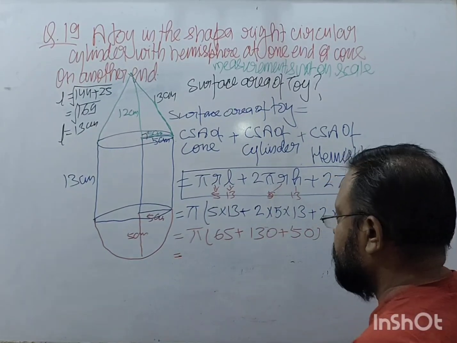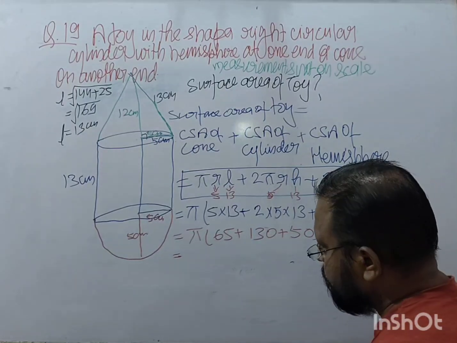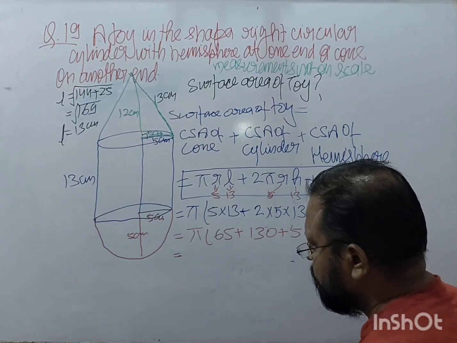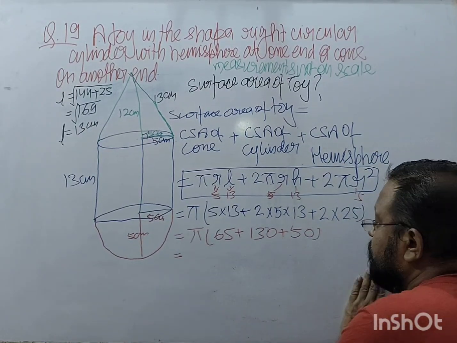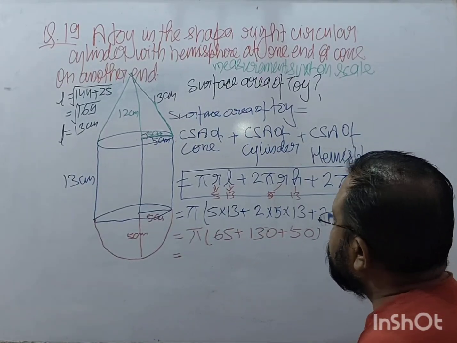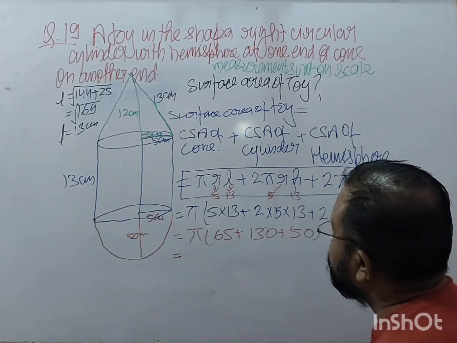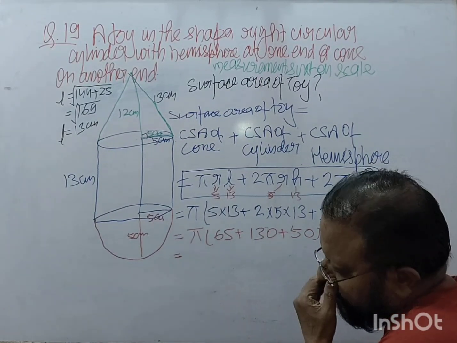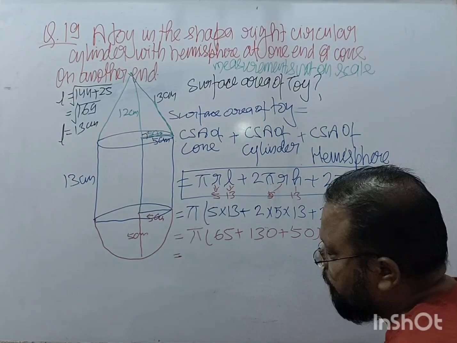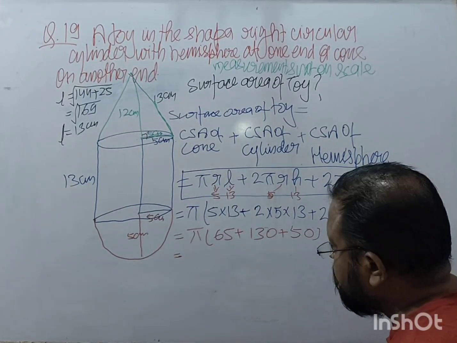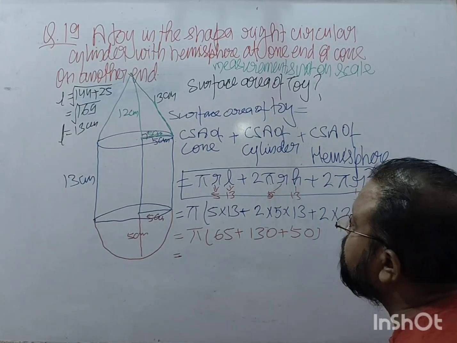So how much do you get? 245 pi centimeter square.